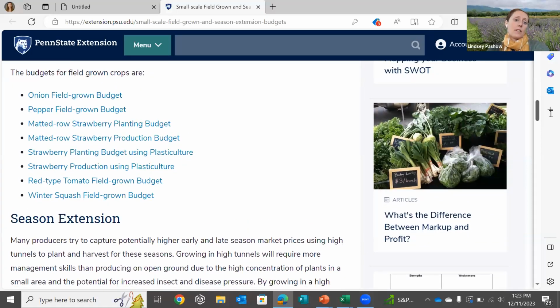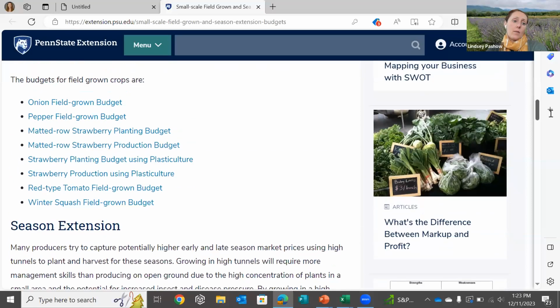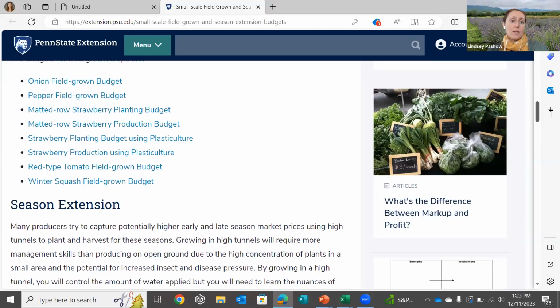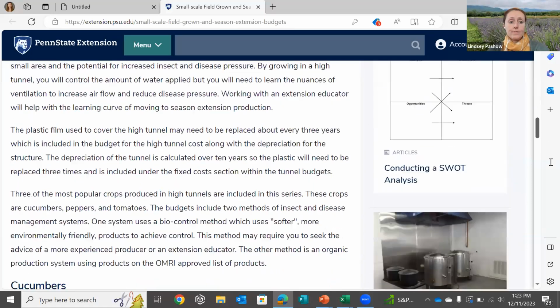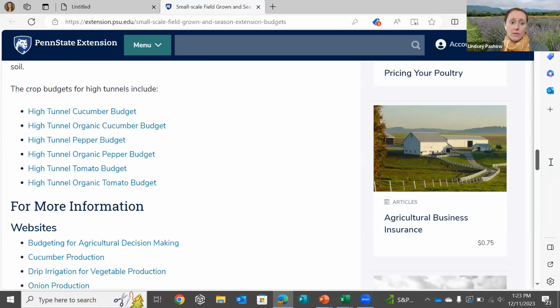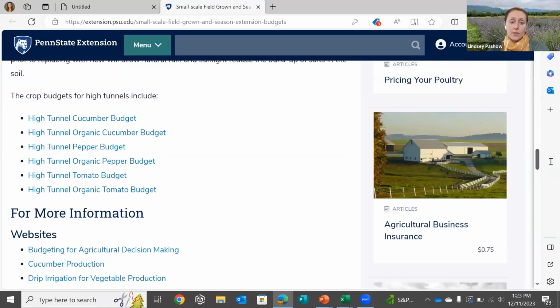These have specific ones based on the different crops: onions, peppers, strawberries, winter squash, and then it goes into the high tunnel for very similar products: cucumbers, peppers, and then tomatoes.